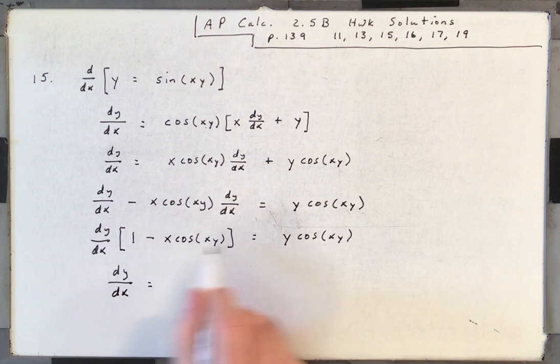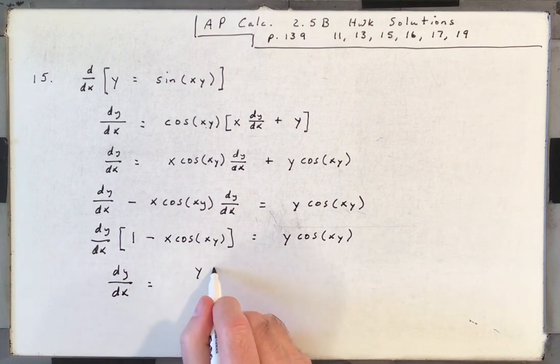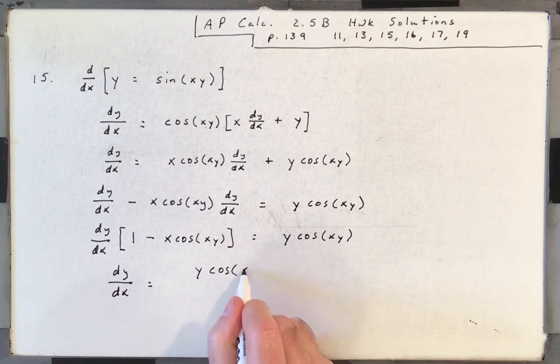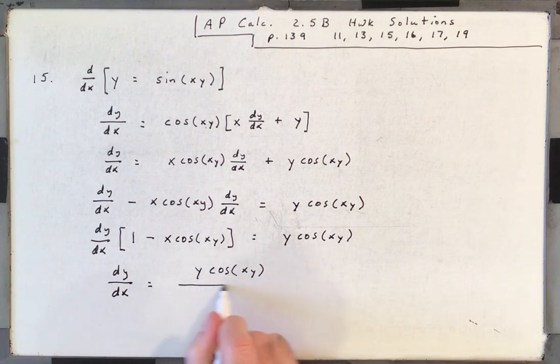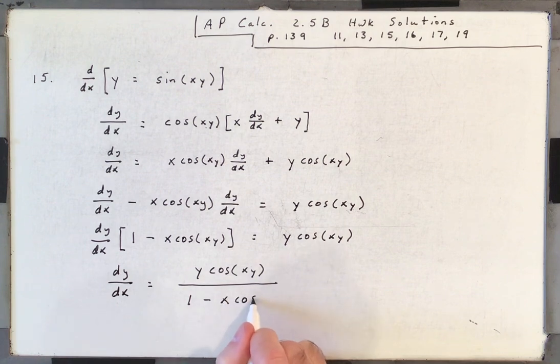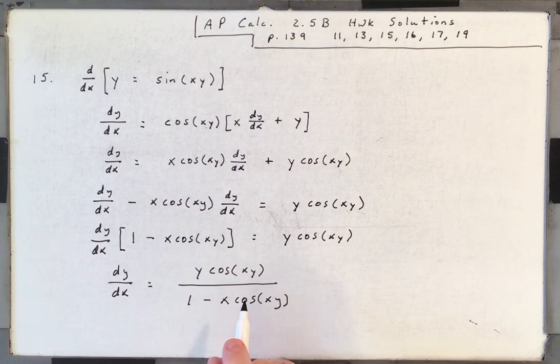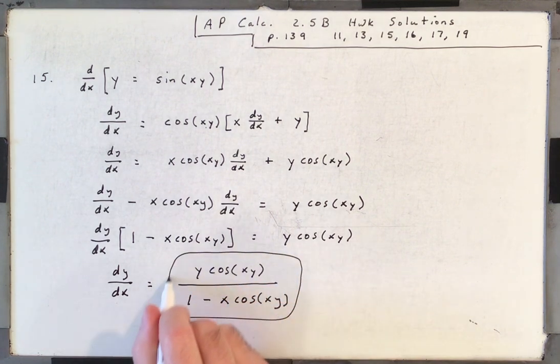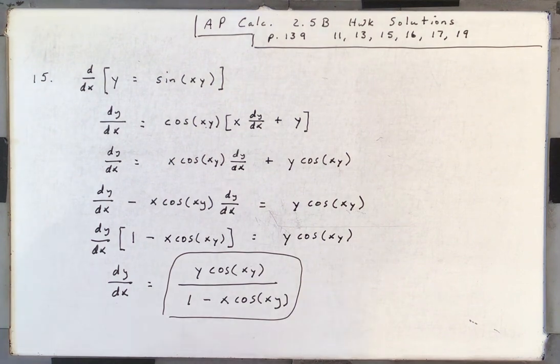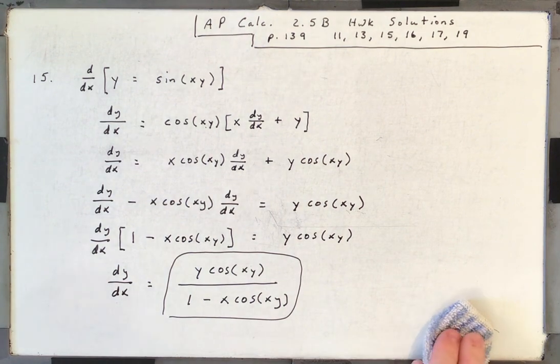We're going to bring that 1 minus x cosine xy underneath. So we have y cosine xy over 1 minus x cosine xy. All right, and that does the trick. Okay, so not a super easy one, but not impossible by any means.